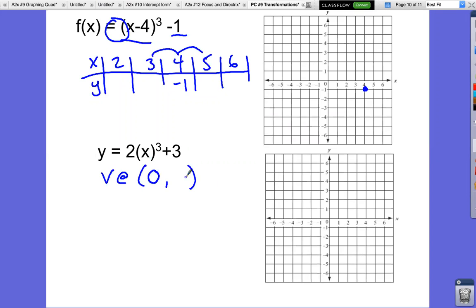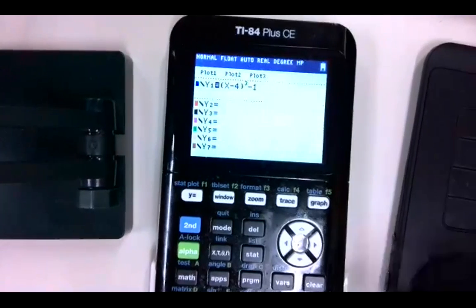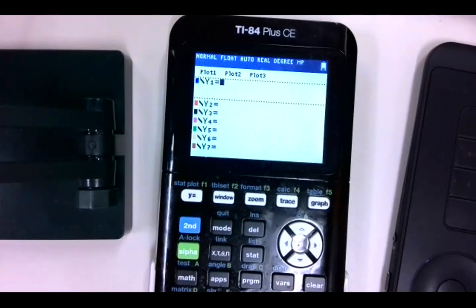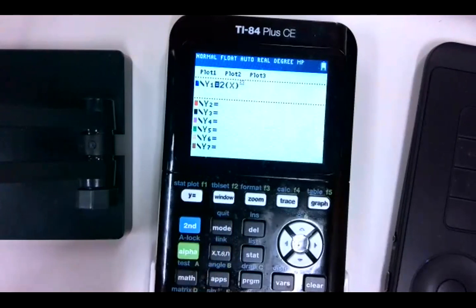Is that correct? 0, 3. There you go. 0, 3 is right. So your vertex is 0, 3. This has been stretched. So again, if you're confused, go to y equals 2, hit the right button, and then was it plus 3?